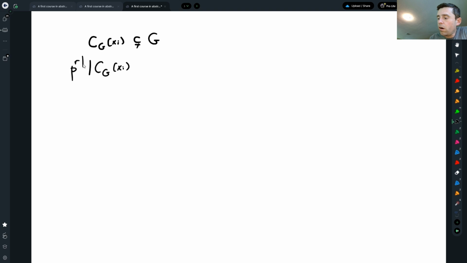p to the r, and therefore notice that the induction hypothesis is going to apply for this group. G has order p times n, let's say it's p to the r times k, because it is divisible by p to the r.